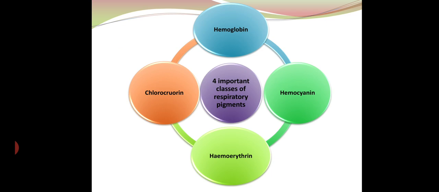There are mainly four substances known to function as common respiratory pigments. These are hemoglobin, hemocyanin, hemerythrin and chlorocruorin. These are the four important classes of respiratory pigments.